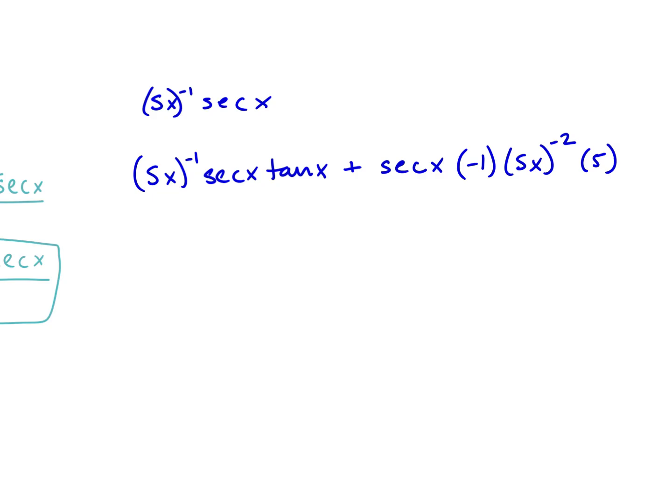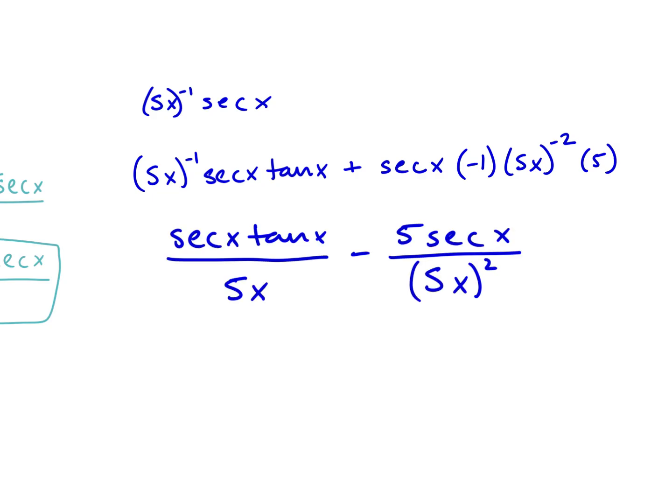Which we could simplify a little bit more. This would be 25x squared on the bottom. So the 5 would cancel from the 5 of the 25, so we're left with just secant x over 5x squared.